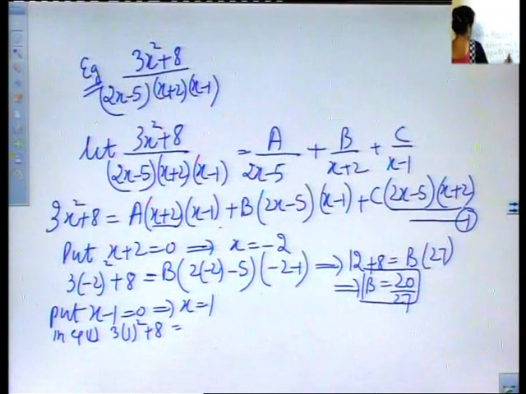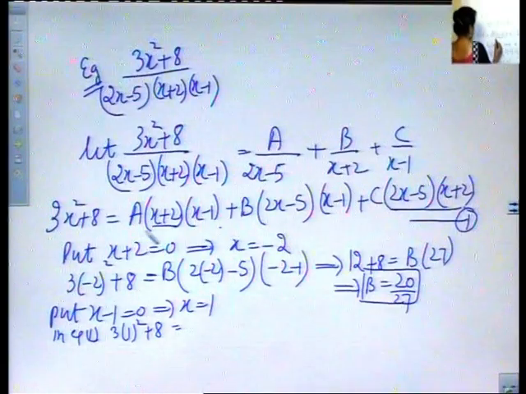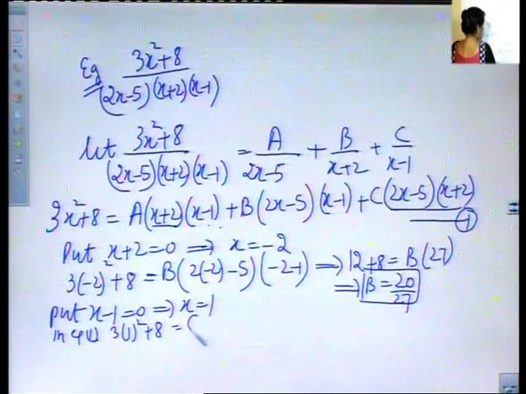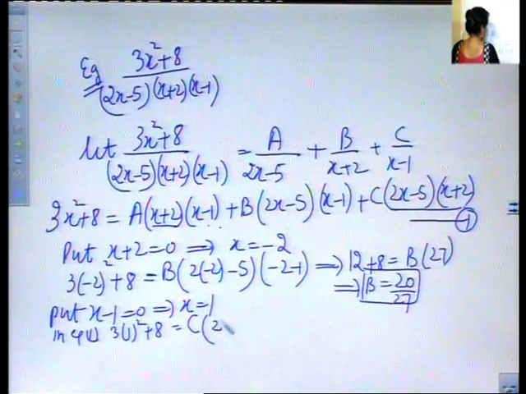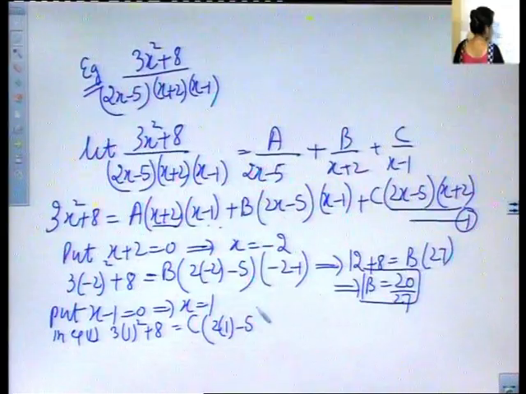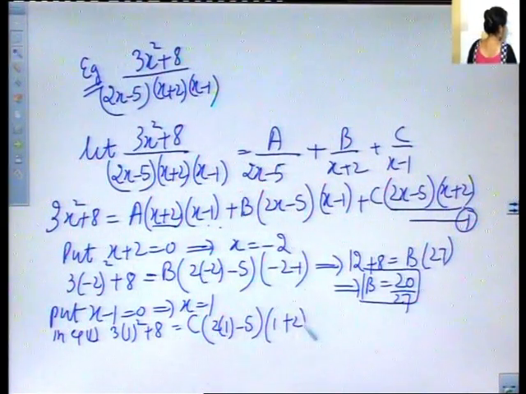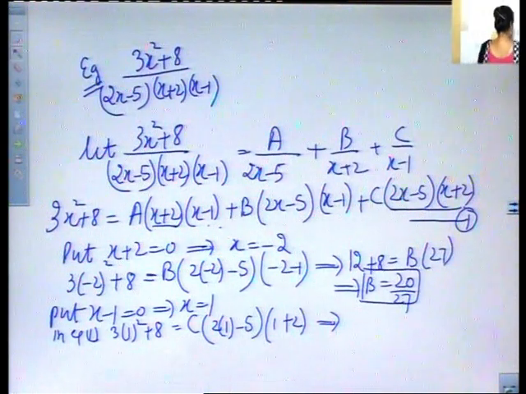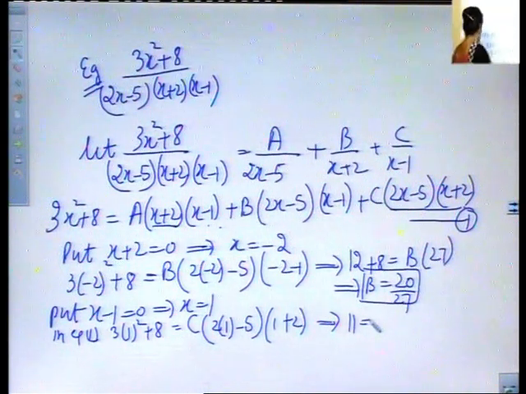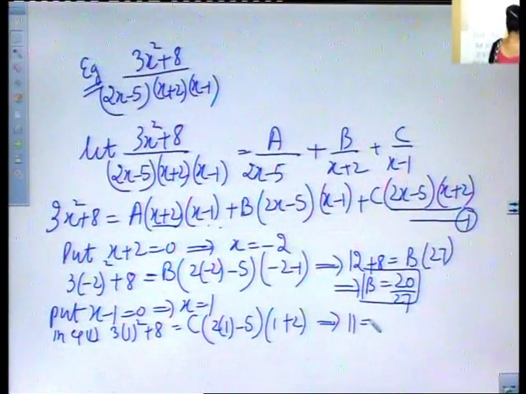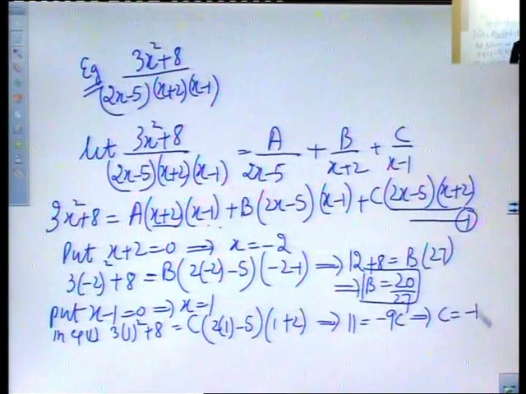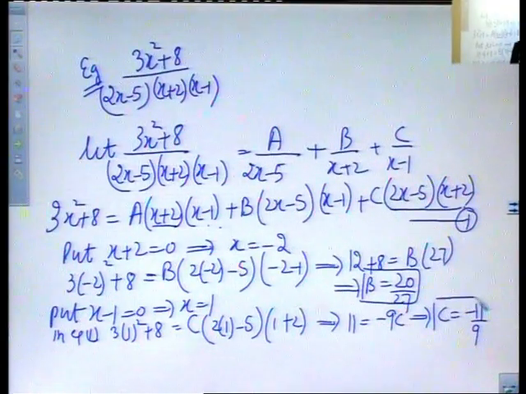Now since we have put x minus 1 is equal to 0, therefore this whole term is 0 and this is also 0. So we are left with only c into 2 into 1 minus 5 into 1 plus 2. So this implies 11 is equal to minus 9c. Therefore c is equal to minus 11 upon 9.